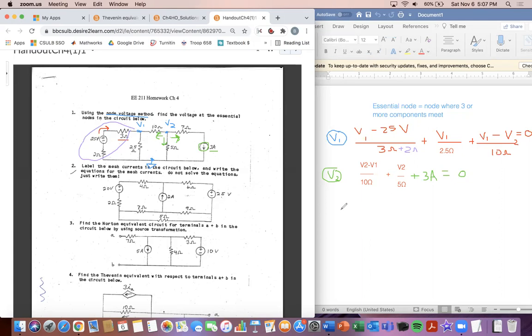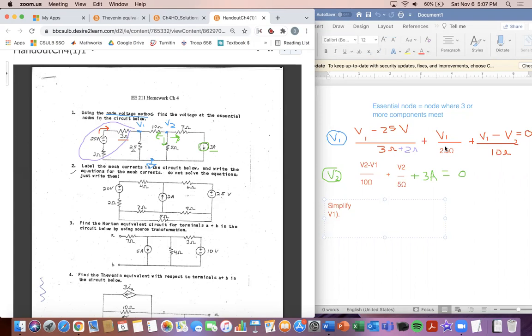And so I'm going to combine like terms, so simplify. That's what we need to do here. So simplify these equations. For the V1 equation, we have 1 over 5 for V1 here, plus 1 over 2.5, and then plus 1 over 10.